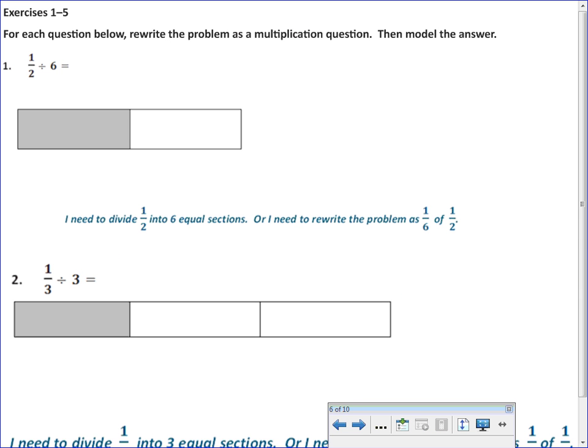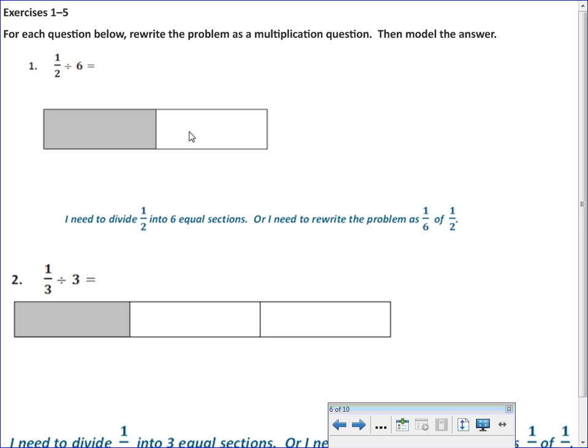All right. 1/2 divided by 6. So let's start by showing 1/2. Draw your model for 1/2. Yes, it says that for each question. Good for you for reading the directions. So I'm going to take my half and divide it by 6.